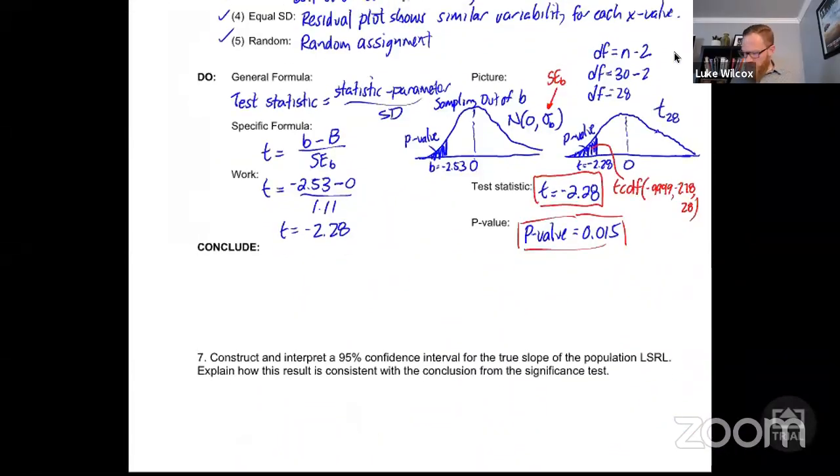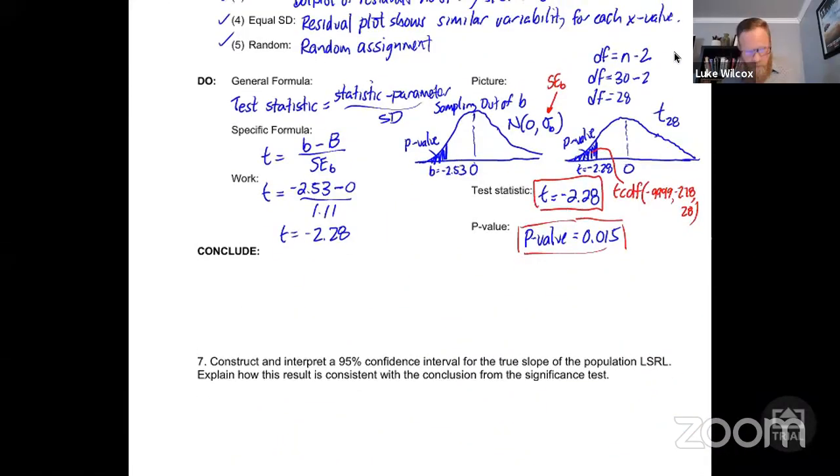All right, we are ready to write our conclusion here. And remember, I always write two sentences for my conclusion. The first is interpreting the p-value. All right, so here we go.